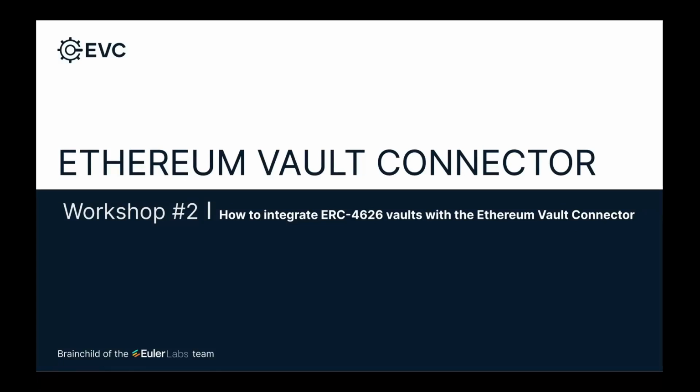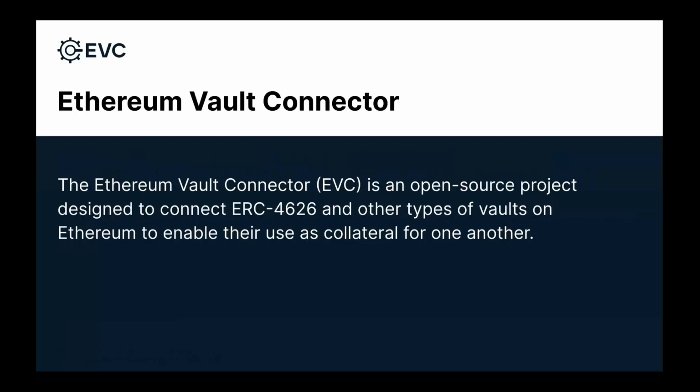Okay, perfect. So the title of today's workshop is how to integrate ERC-4626 vaults with the Ethereum Vault Connector. If you attended our previous workshop, you probably already know what the Ethereum Vault Connector is. However, I have a small recap for you.